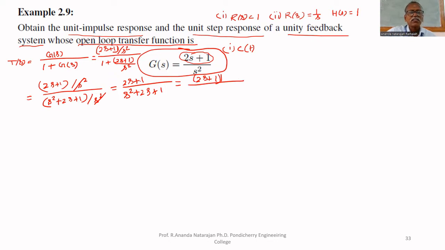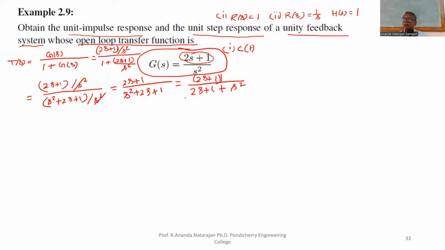No need to derive all these steps. Denominator equal to sum of numerator plus denominator. What is numerator? 2S plus 1, plus denominator, what is S square? That's all. You got the same.